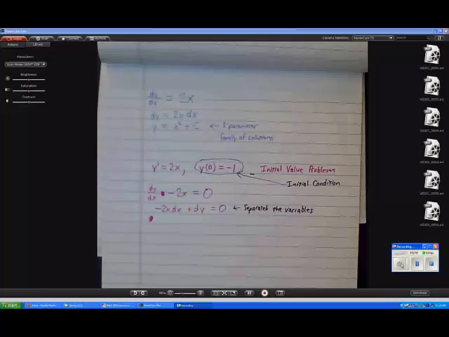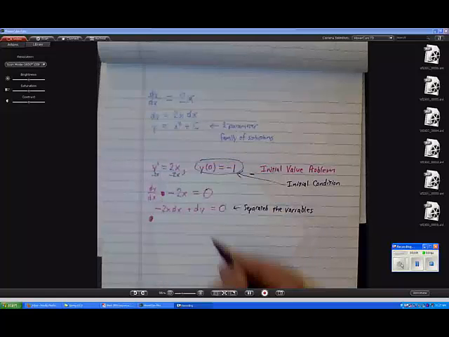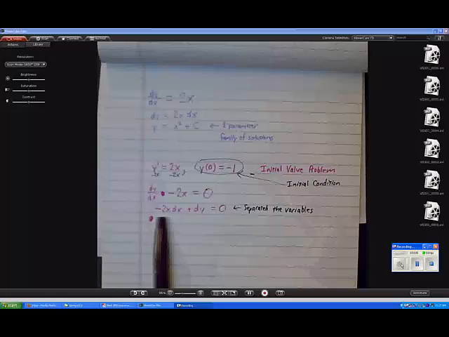Are you with me? Yeah, minus 2x, because what we did was subtract 2x from both sides to get it. You see? Okay. So the book puts everything on the left, and I'll show you why in just a second. Then what the book is going to do is integrate.